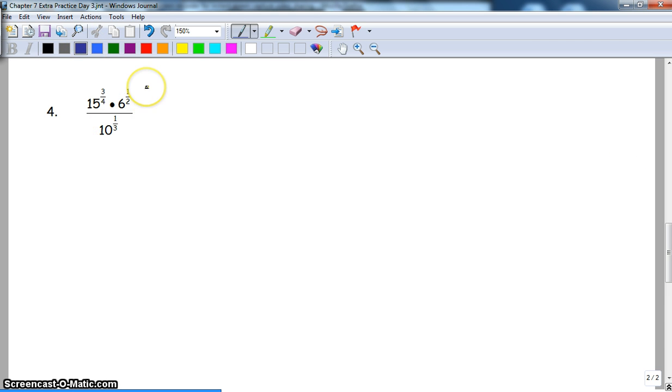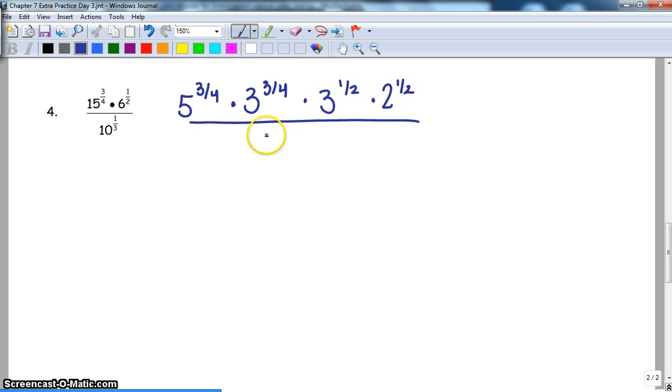All right, these are some numbers that you can't rewrite like 2 squared or 2 cubed or anything like that. So we'll just break it down into a product of primes. 15 can be broken up into 5 and 3. 6 can be broken into 3 and 2. 10 can be broken up into 5 and 2.